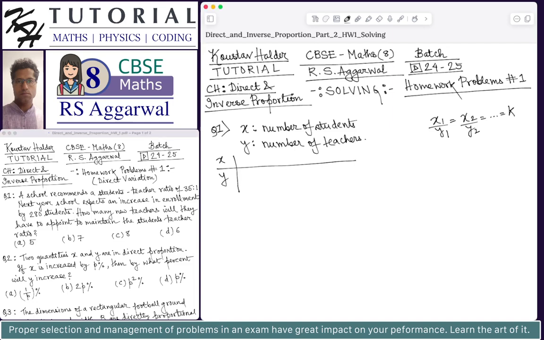Now it is asking how many new teachers will they have to appoint to maintain the student-teacher ratio. We do not know the current number of students and teachers, and we only know that in the next year the number of students will be more by 280. Okay, fine.